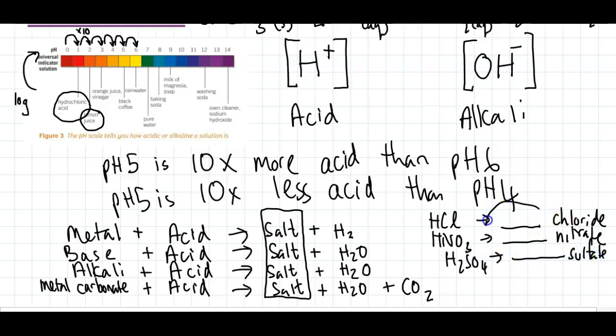And the something is always the name of the metal. Could be the metal on its own, could be the metal in a base. Okay, so we could have magnesium on its own, magnesium as an oxide, magnesium as a hydroxide, magnesium as a carbonate. We would make the same magnesium salt in each case.